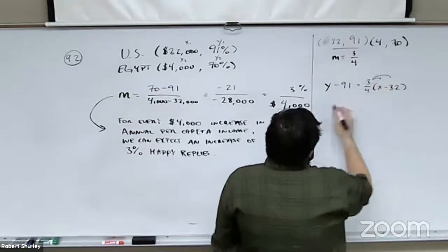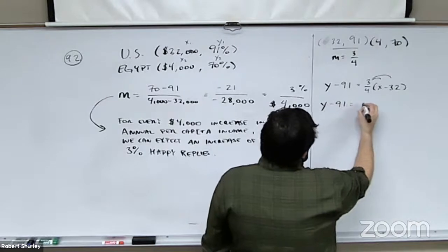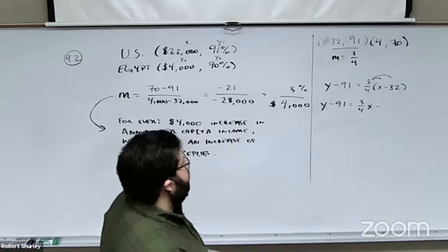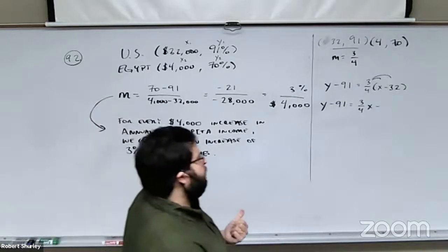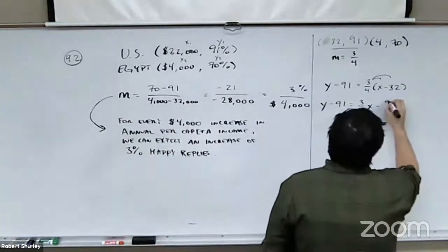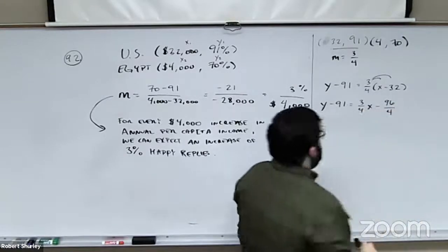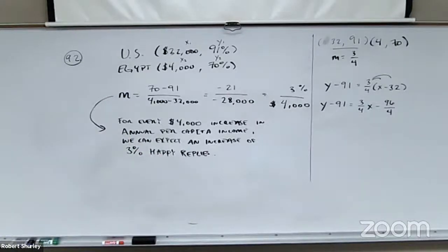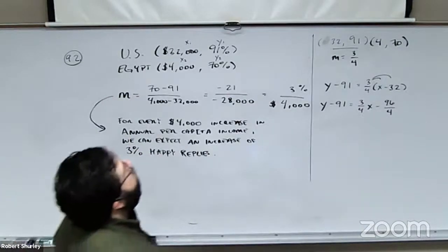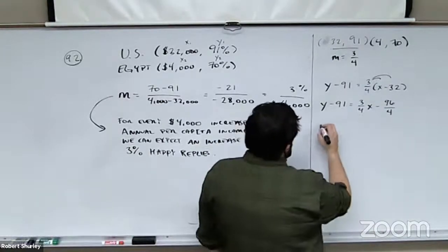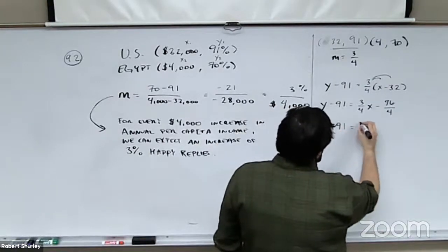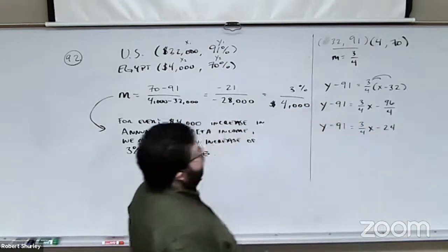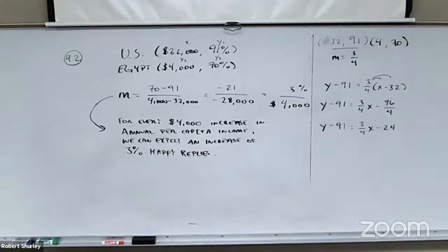So distribute this 3/4 through, you get y minus 91 equals 3/4 x minus, need to bust out my calculator. Well, 3 times 32 would be 96 divided by 4, okay? And I think we got real lucky here because 96 is divisible by 4. It's 24. You can check me there. But yeah, 96 divided by 4 is just 24.